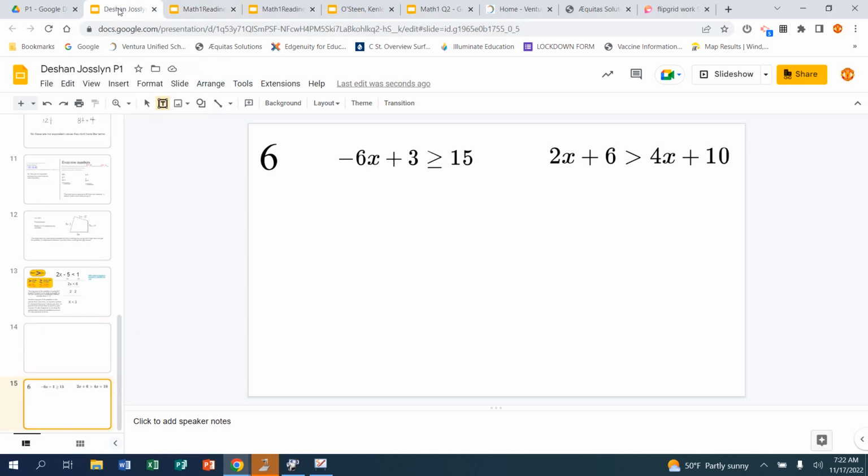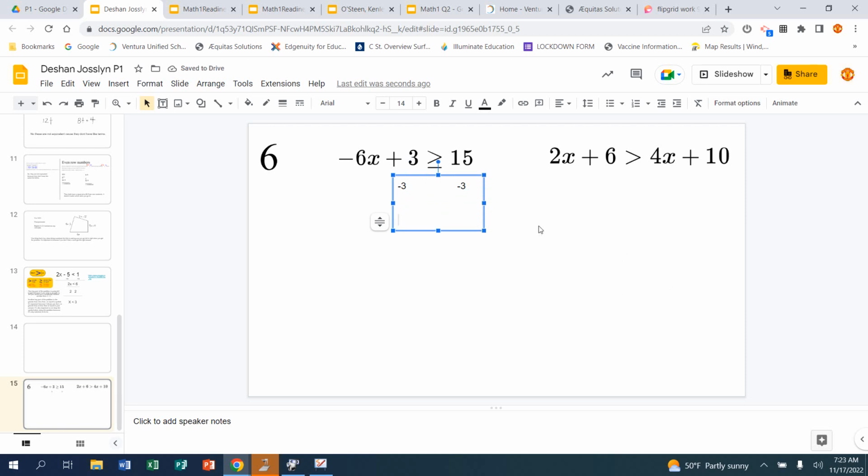So for example, if I'm row 6 and I've copied this onto a person in row 6's slideshow, we're going to be doing the work here together, using the tools of Google Slides to show all this work. I'll make sure that you have a number line on there to use. And then when this is all done, I'm going to have you flip grid it.